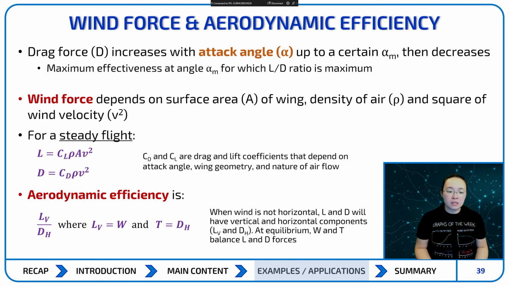What it means here is that when your wind is not horizontal, your L and D will have vertical and horizontal components, LV and DH. At equilibrium, your W and T are going to balance your L and D forces. But when they're not at equilibrium, then you'll have to separate them into their vertical and horizontal components.